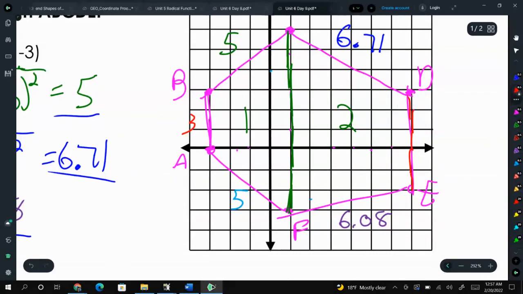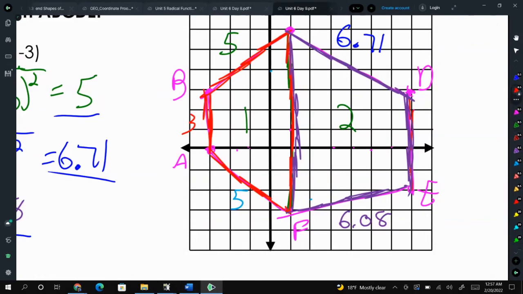And what I'm actually going to do is I'm going to outline these 2 trapezoids in different colors, so you can see what I'm talking about. These are the 2 trapezoids that we have. Now the bases of the trapezoids are the parallel sides.